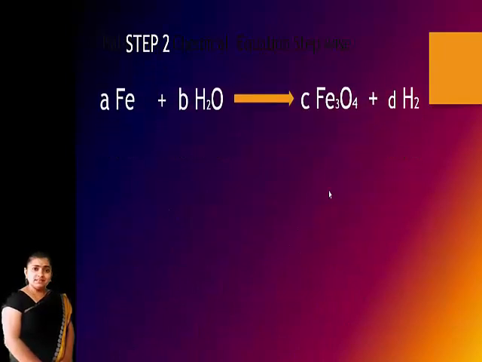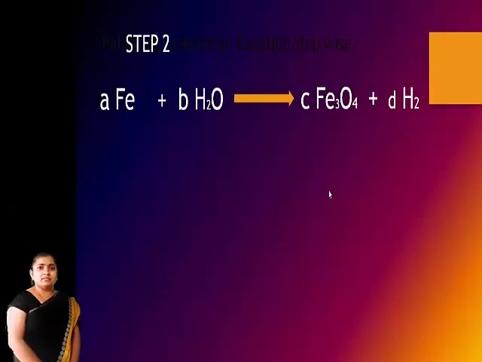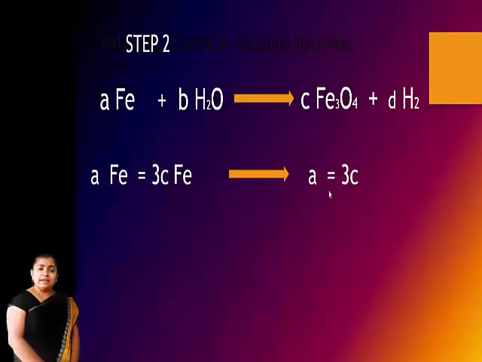According to the law of conservation of mass, the number of atoms of an element on the reactant side must be equal to the number of atoms of that element on the product side. Therefore, a Fe must be equal to 3c Fe, which means a is equal to 3c.